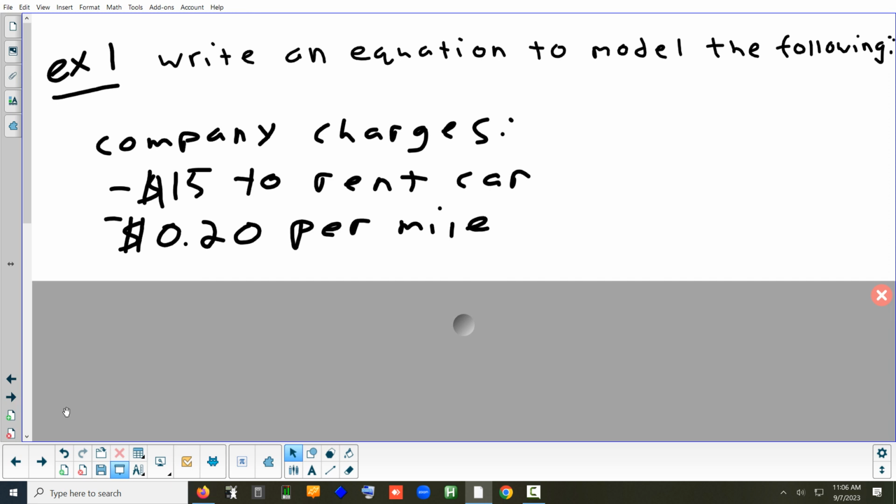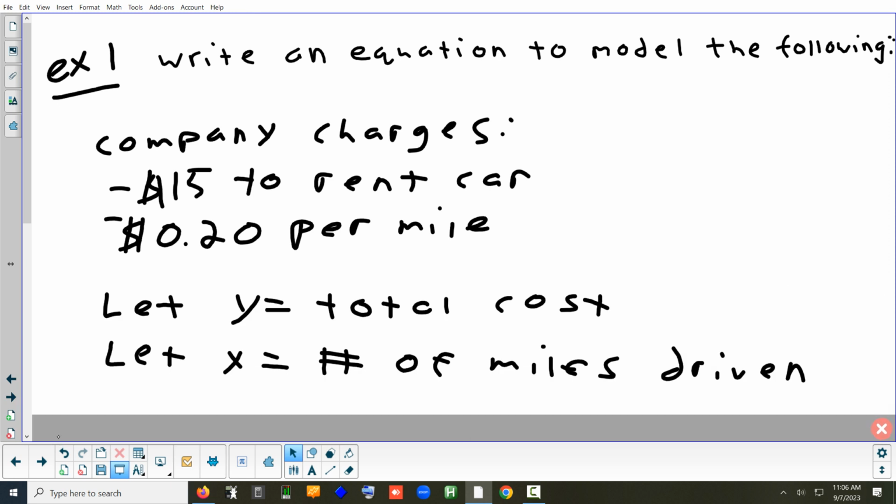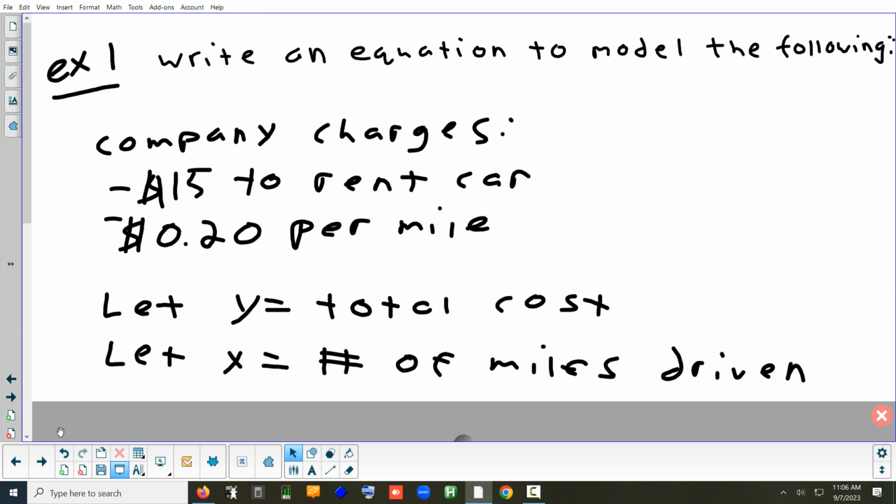Yeah, how many miles you plan on going? Right, you'd have to know how many miles I drove it, and how many miles I drove it is going to dictate the price. So there are really two things coming up in this problem: how many miles you drove it, and the price.